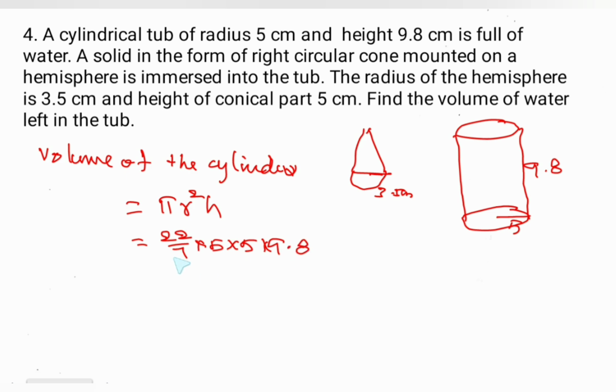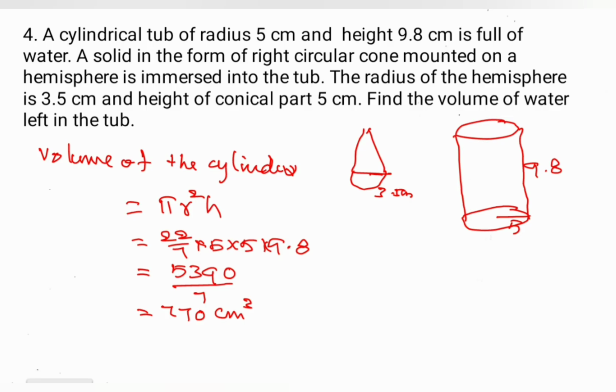So multiplying 5 by 5 is 25, times 22 and 9.8 equals 5390 by 7. This equals 770 centimeter cube. 770 centimeter cube of water is there in this tub.